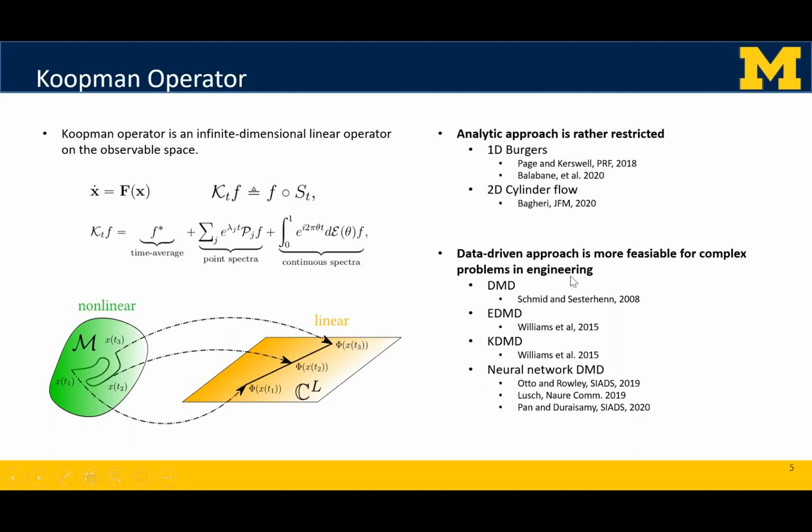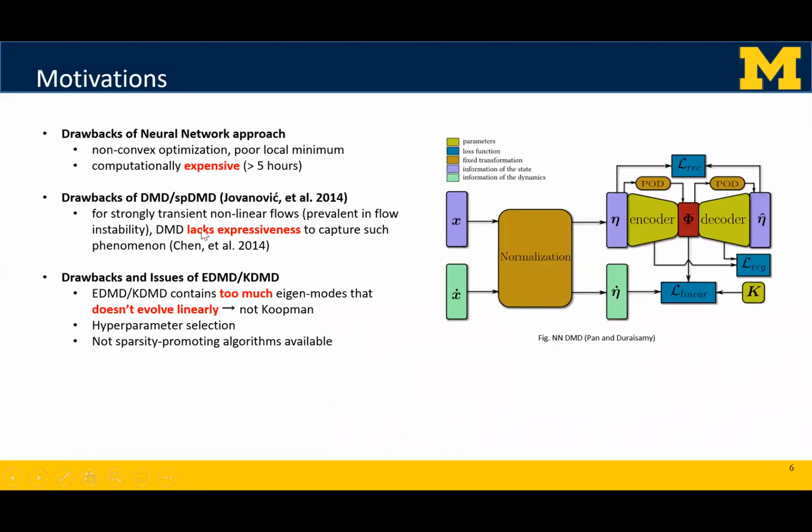While the data-driven approaches leverage either dictionary-based methods or neural network approaches, which have been successfully applied to a wide range of problems. However, existing neural network methods on the right are prone to poor local minima, and training such a neural network is very expensive due to the non-convex optimization nature.